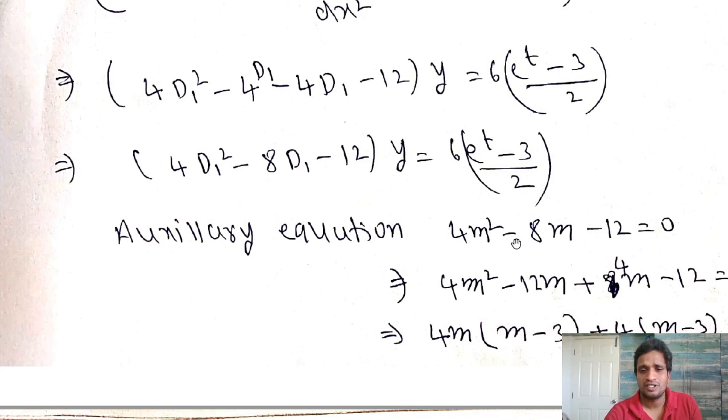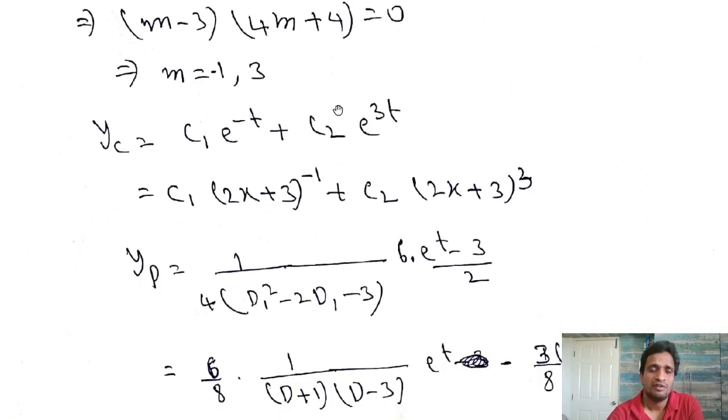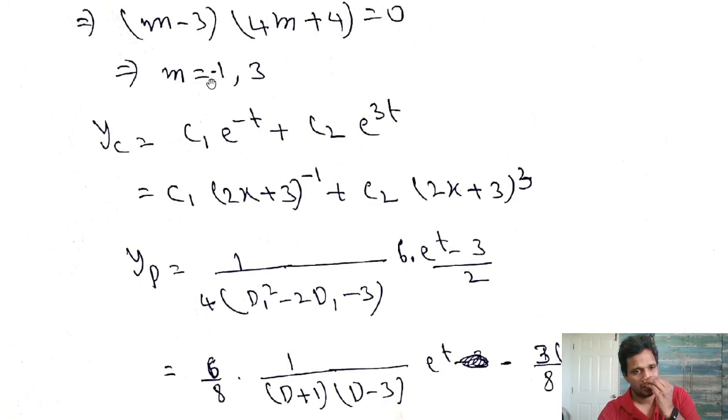So the auxiliary equation will be 4m square minus 8m minus 12 equal to 0, and I can factor. So the values are (m minus 3) into (4m plus 4) is equal to 0. m minus 3 gives 3, and 4m plus 4 equal to 0 gives m equal to minus 1. This is our yc.